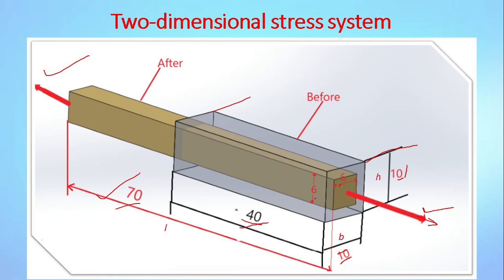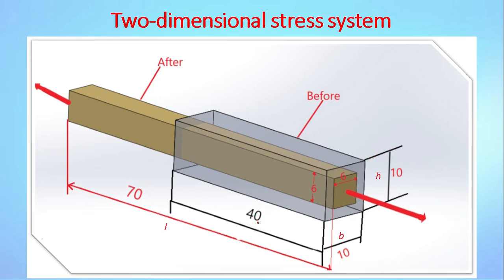Before application of force, the length of the body is 40 mm, and after application of force, it becomes 70 mm. So there is a change in length, 70 minus 40 is equal to 30 mm, and the original length was 40 mm.